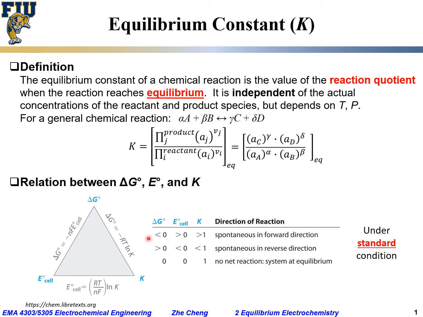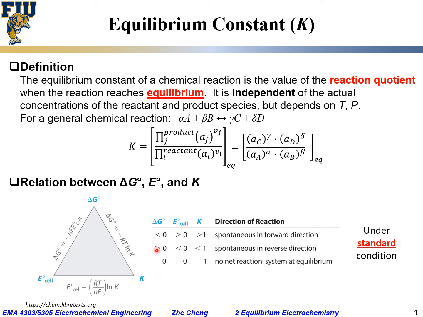As we said earlier, if a reaction is spontaneous in the forward direction, it requires the free energy change to be negative, which means the system energy decreases. But it also requires the standard cell potential to be positive, meaning it can do work through the external circuit to the environment. It also means the equilibrium constant would be greater than 1 under standard condition.